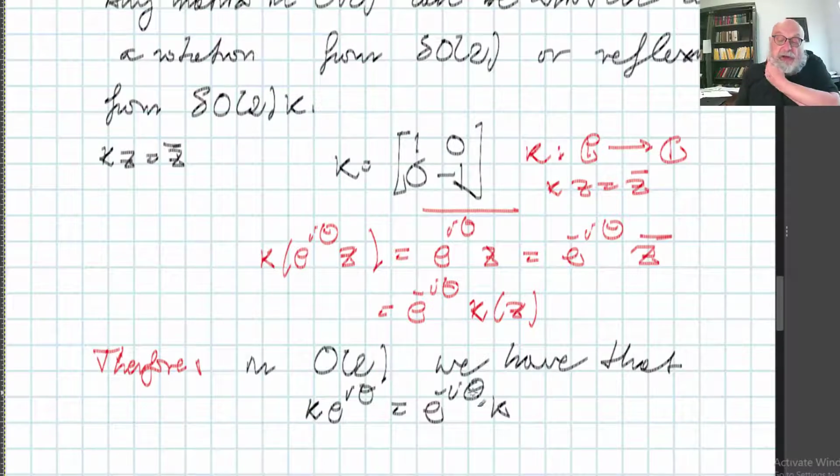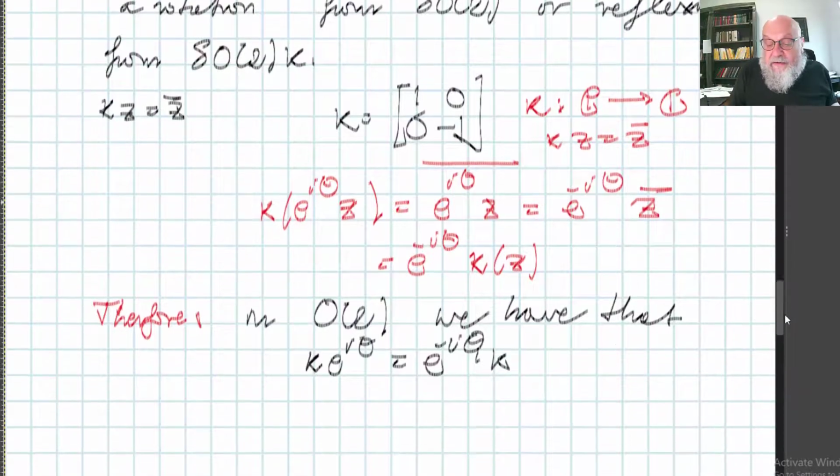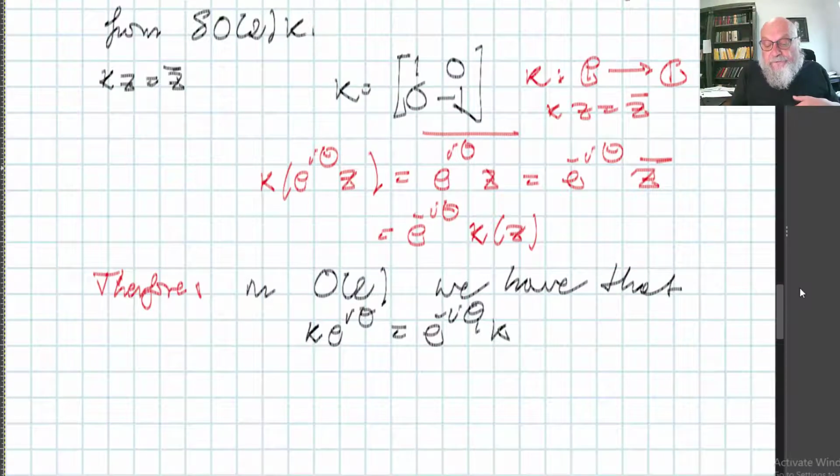So these elements anti-commute in this particular way. Rotations do not commute with kappa. The rotations, under application of kappa, give you the inverse rotation.